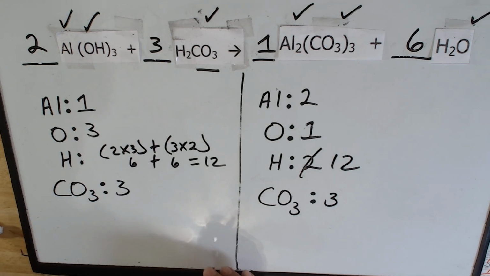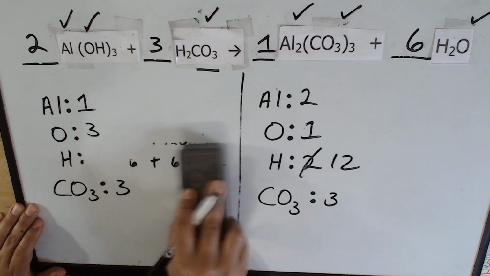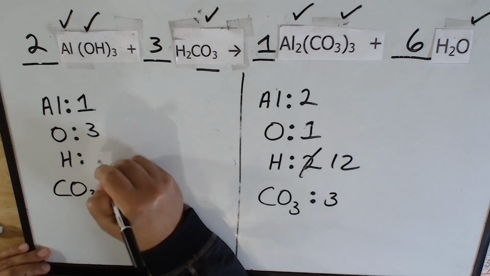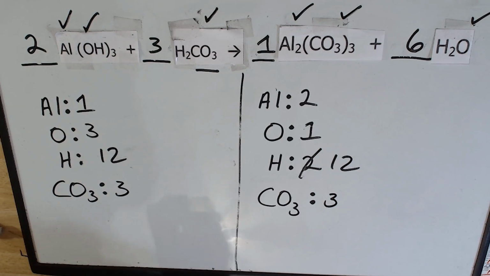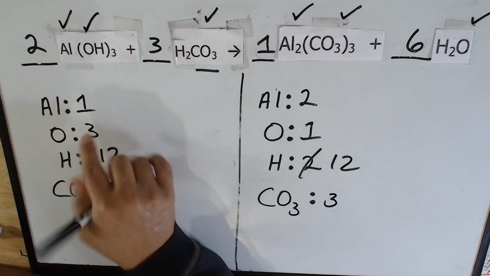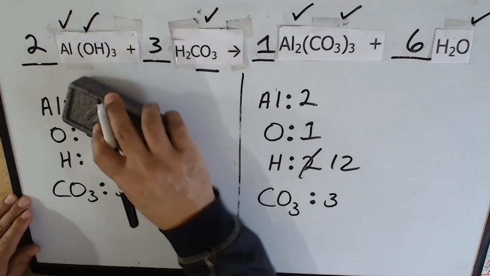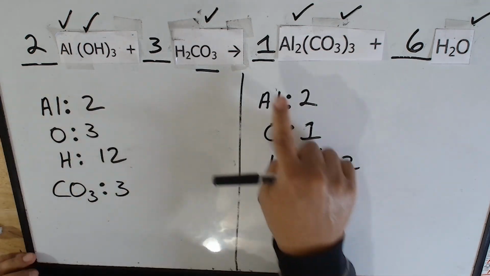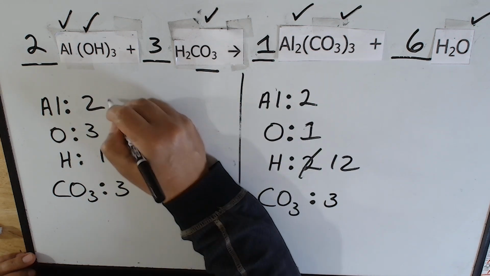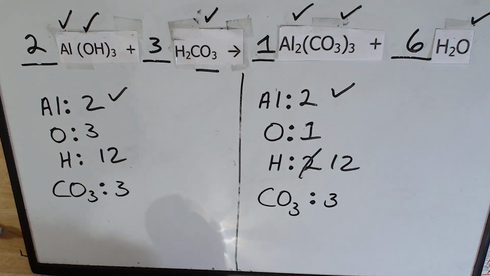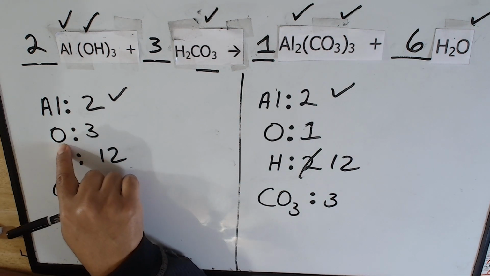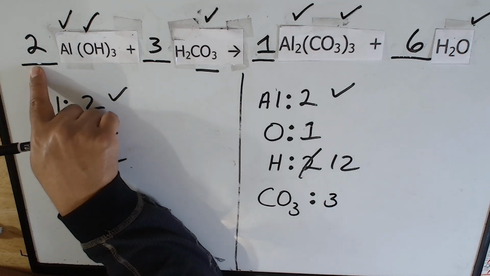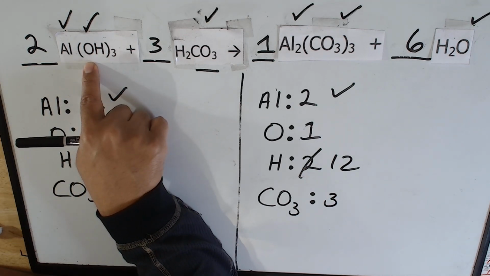But let's double check. So let me erase this first. We have 2 aluminums. 1 times 2 gives me 2. That's good. For our oxygens, we have 2 oxygens.